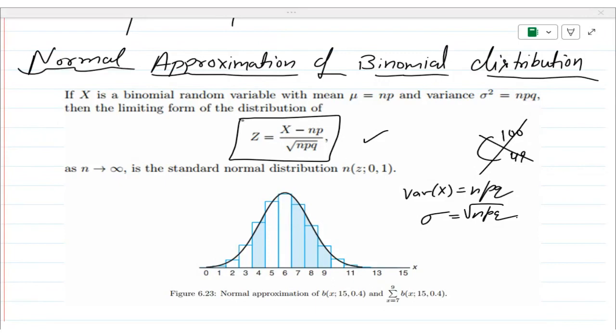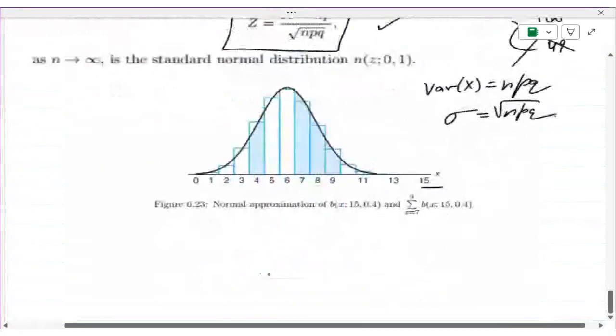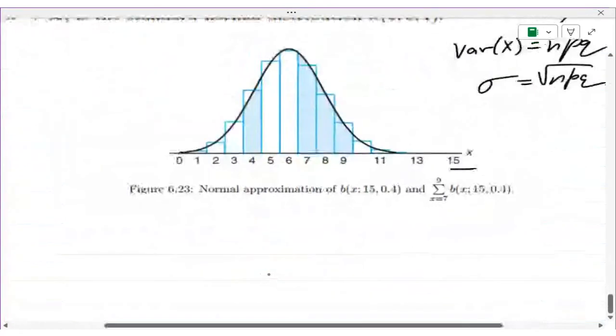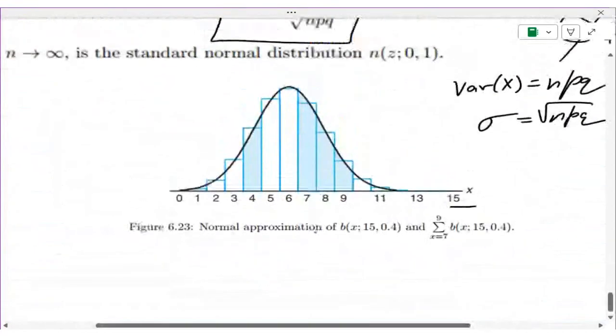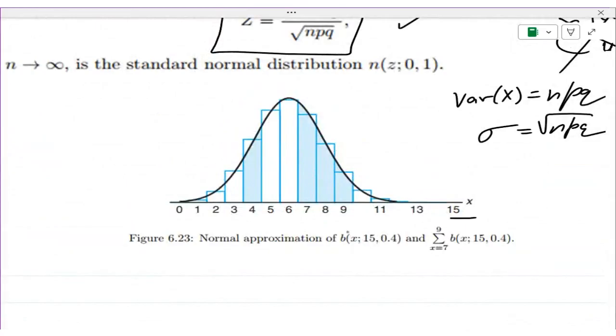Like if something is done 15 times, this is a graph of the probabilities. I have shown you in one of my lectures that if we draw the probability distribution of this, you will notice that it looks similar to the normal distribution.